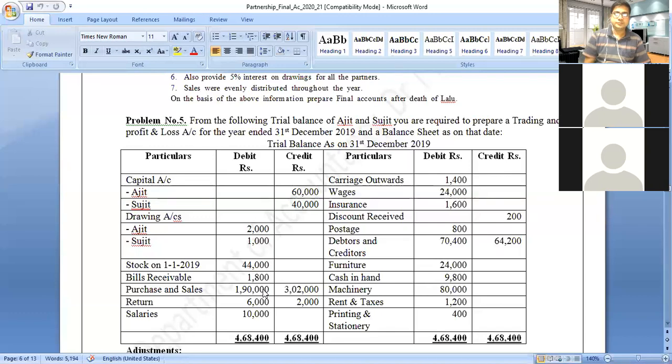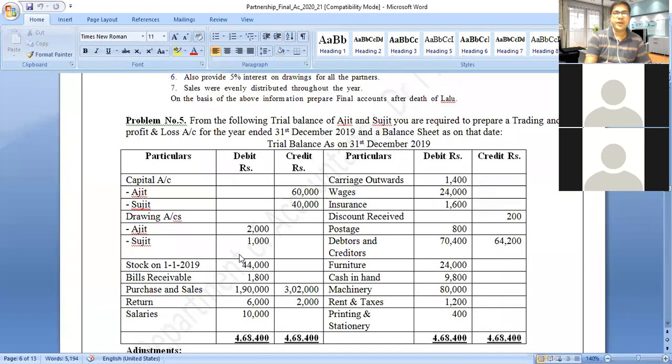Then return. There are two types of return: return inward and return outward. The 2,000 amount of return we will deduct from the purchases and the 6,000 amount of return we will deduct from the sales.